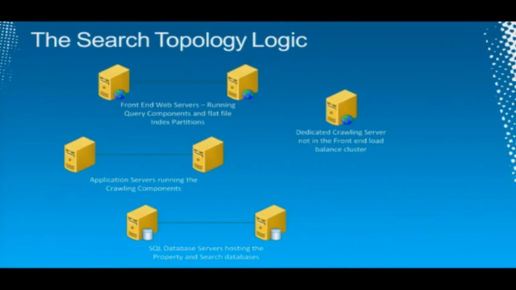And we can see that we've got on the lower base our SQL databases that are hosting our content databases, our property metadata database, our search databases, and obviously our content databases for SharePoint. Of course, this is not assuming that this is all running off a single SQL instance. In reality, in a lot of medium to large SharePoint installations, you'll find that multiple SQL instances are required for the performance offload. And search is no different.